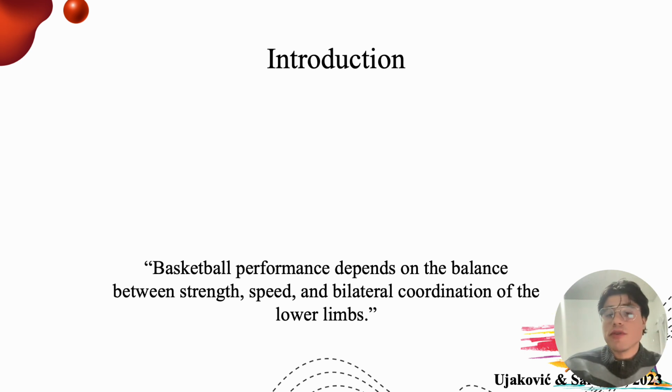As part of the introduction, it is important to note that previous studies indicate that basketball performance depends on the balance between strength, speed, and bilateral coordination of the lower limbs.